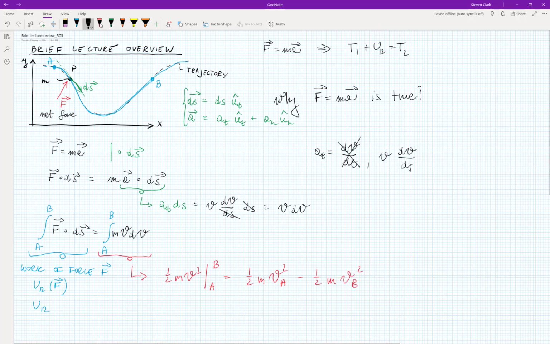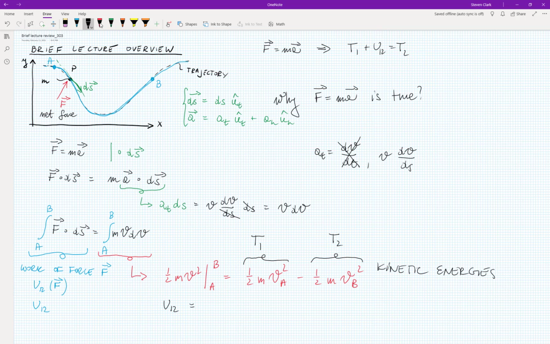So clearly, this expression is kinetic energy at the beginning, and this is kinetic energy at the end. These are kinetic energies, by definition. So you can see, guys, that I actually ended up with such expression: u12 is equal to T1 minus T2.